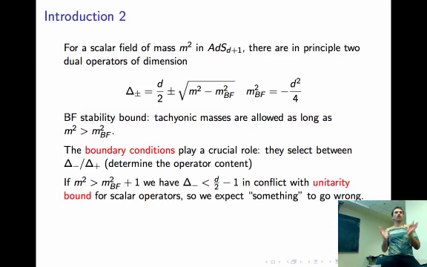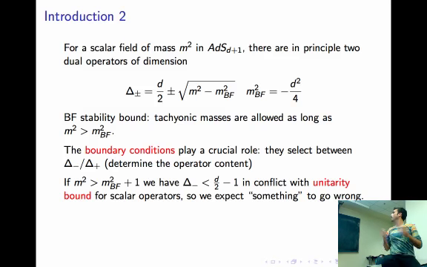I don't want to give away the ending right away, so I'm just going to say that we're going to find a specific result, and then we're going to extend that result to other kinds of fields of other spins. Then we're going to discuss UV modification of those results. And finally, we're going to summarize and conclude the main results.